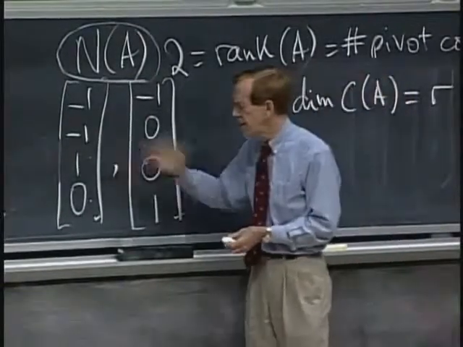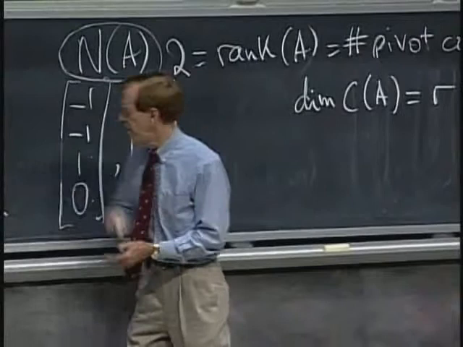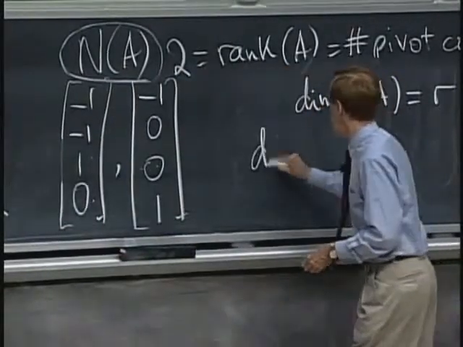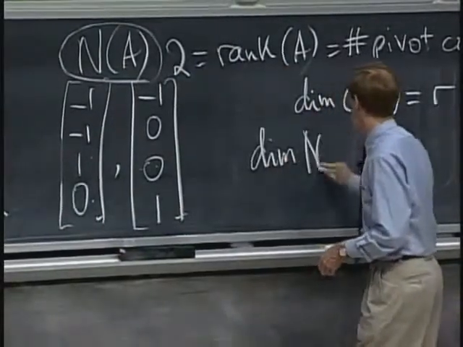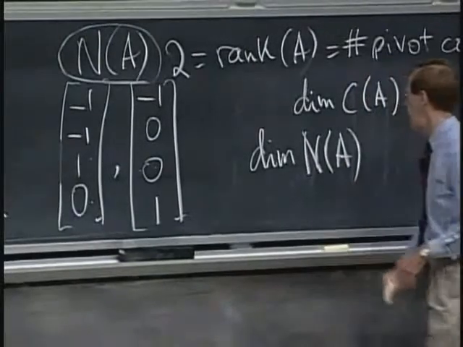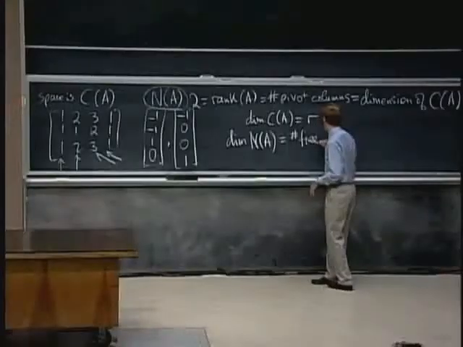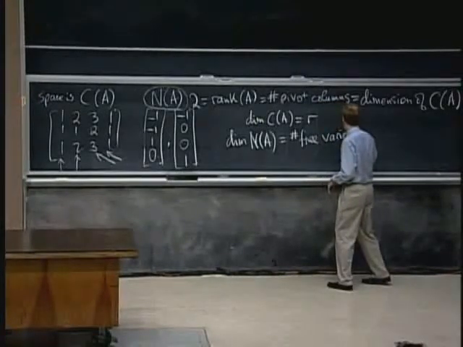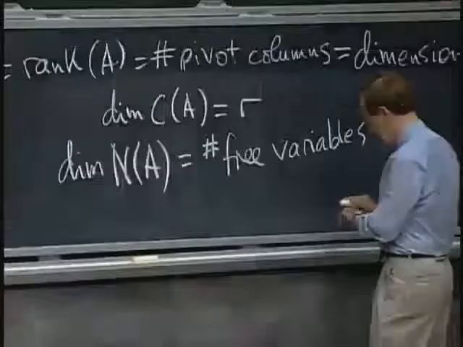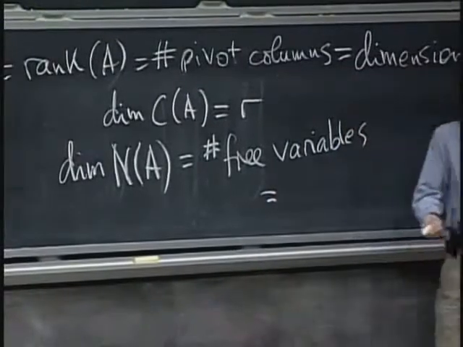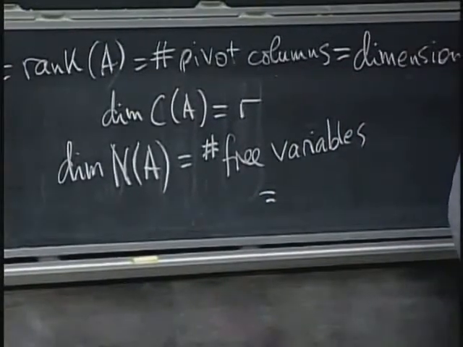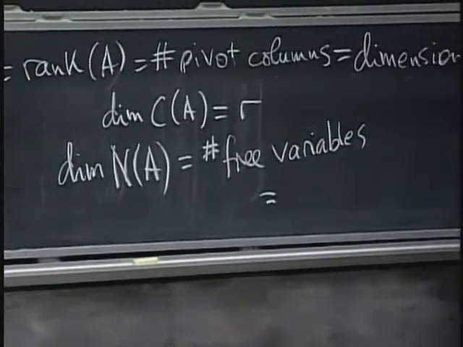The dimension of the null space is the number of free variables. And at the last second, give me the formula. This is then the key formula that we know.